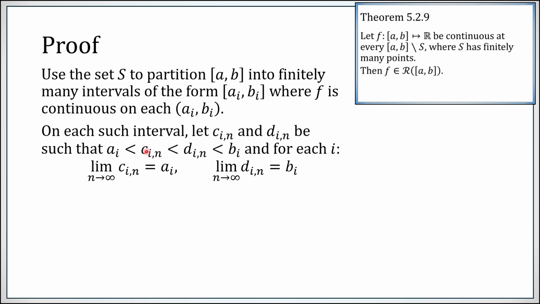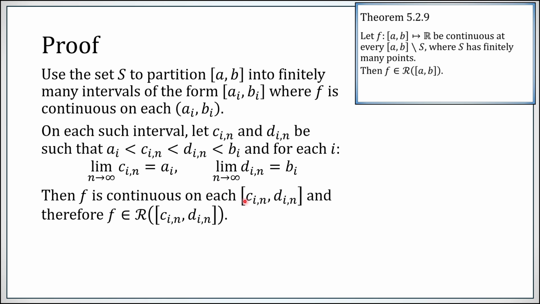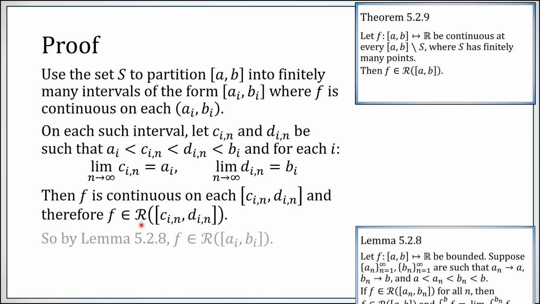Now, the limit of c_i,n is equal to a_i, the limit of d_i,n is equal to b_i, and f is continuous on the interval from c_i,n to d_i,n, including those points, because the a_i's and b_i's were exactly the points from our partition, which was exactly the set of discontinuities. So by letting these c's and d's be interior to these points, we have continuity on the interval, including the endpoints. Therefore, the function is Riemann integrable on that little interval.